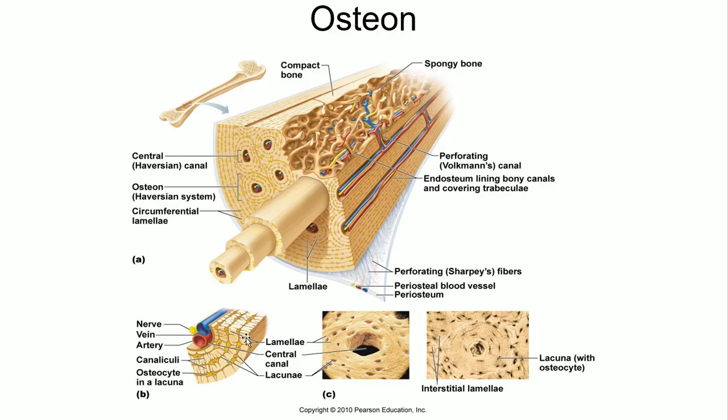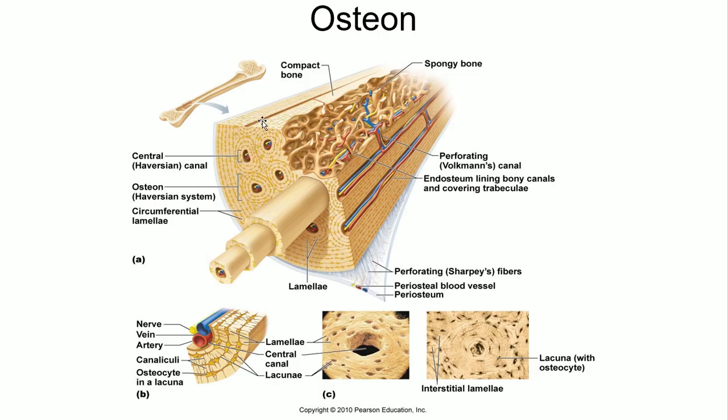Again, the lamella are the tree rings. Lacuna are the little holes where you can see the osteocytes, and the canaliculi are the little channels that connect all of that. Osteon is our Haversian system. The Haversian canal is a little channel that allows the vessels and nerves to go through.